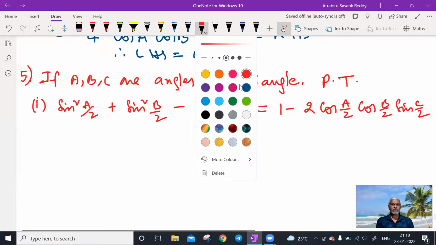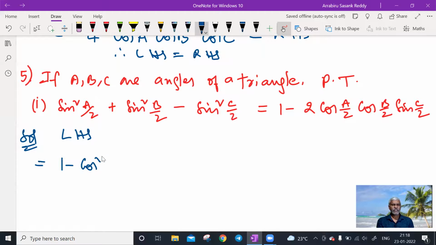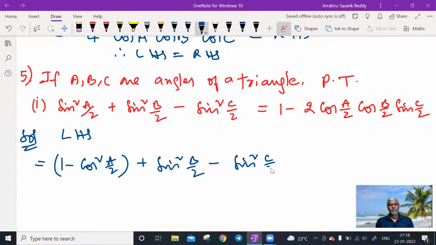So, solution. Take LHS and write sin square (A by 2) as 1 minus cos square (A by 2), remaining same. Only sin square theta is equal to 1 minus cos square theta.